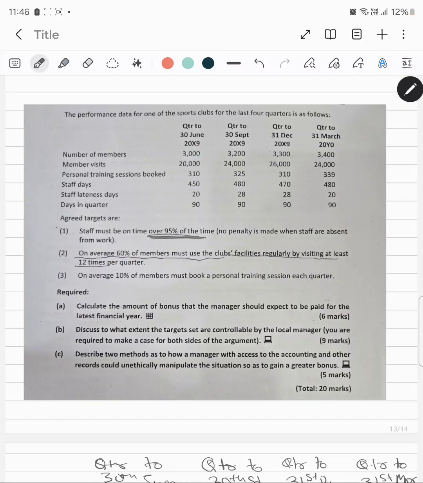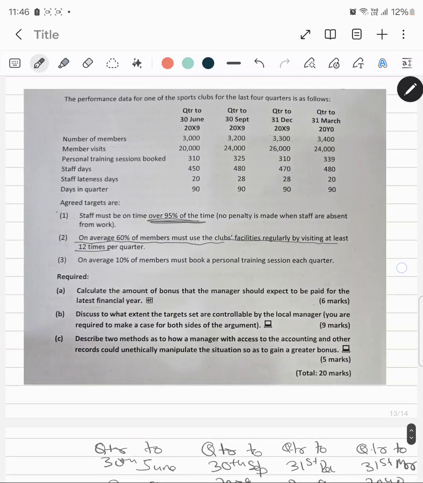Quarter to June 2009, I'll help you explain with this one. So the number of members are 3,000, and it is saying that they must be visiting at least 12 times per quarter, so the total number of visits should be 3,000 into 12, that is 36,000, and the target achieved should be 60% of it, means 60% of 36,000.